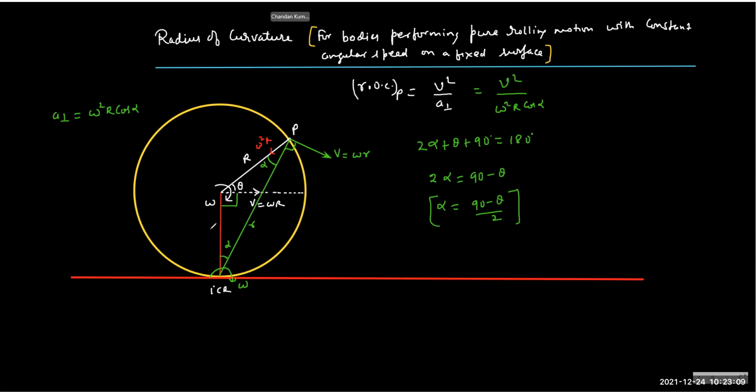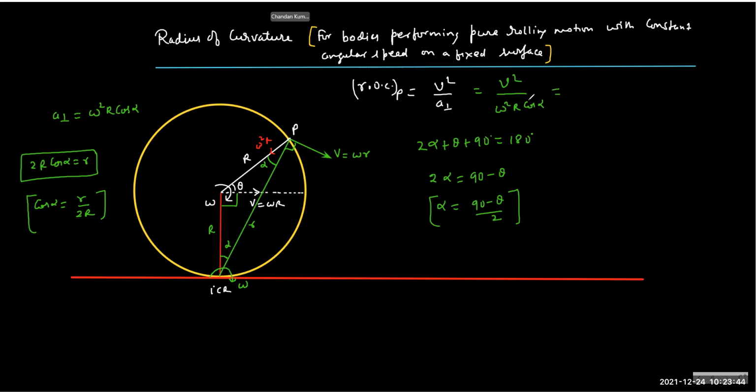So what I'm trying to say is that if this is r and this is r and the angle is alpha, then 2r cos alpha must be small r, from the same isosceles triangle property. Can you see that? So what is very interesting here is that cos alpha I can also replace by this form, r by 2r. And now we can directly substitute here.